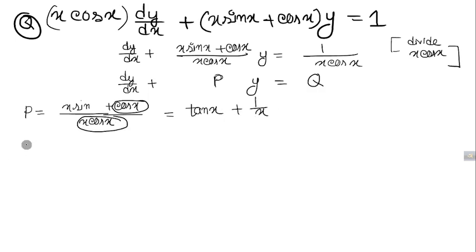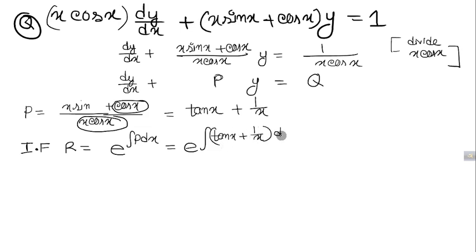Now I have to find the integrating factor, r, which is equal to e to the power integral of p dx. So p is tan x plus 1 by x dx. If I integrate tan x, I will get ln sec x, and again 1 by x, if I integrate this, I will have ln x.